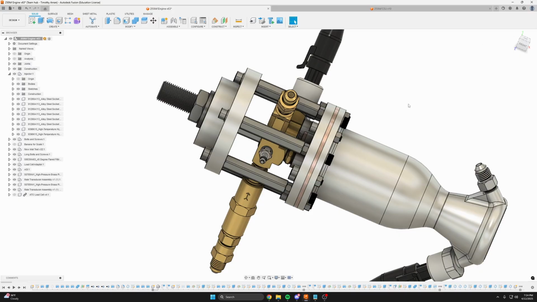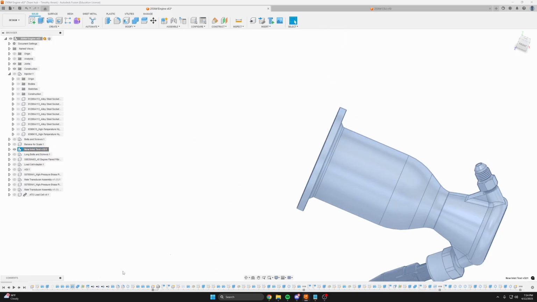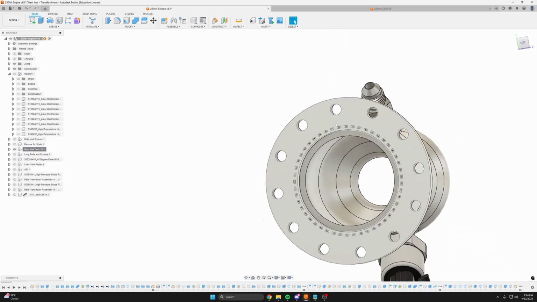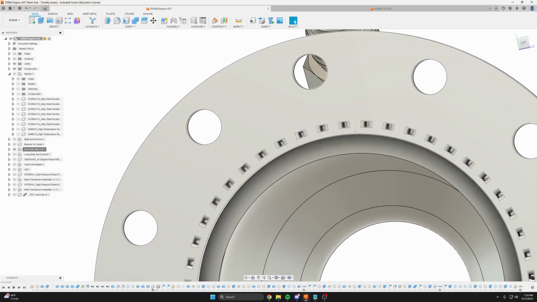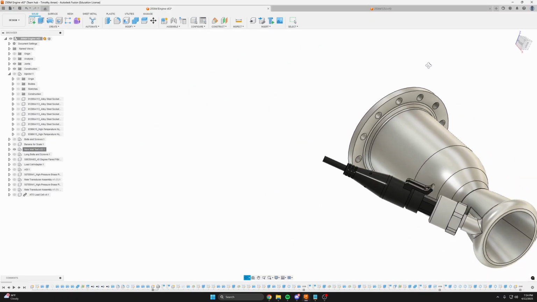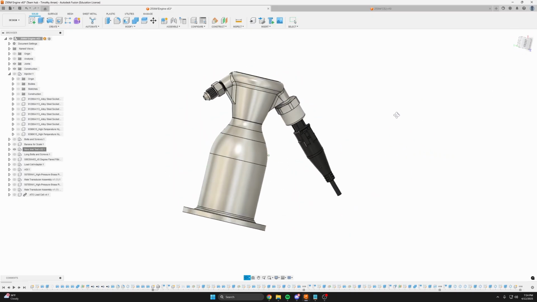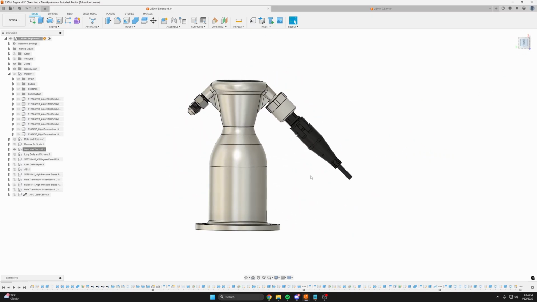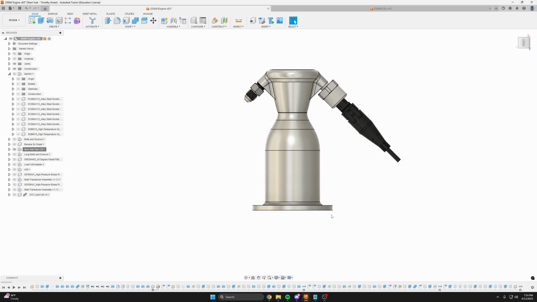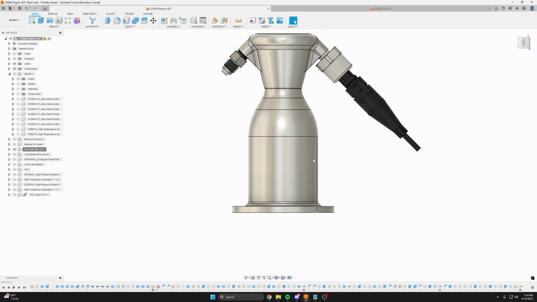I will say, for small engines, one problem we did run into with metal additive was that our cooling channels were so small that powder from the powder bed fusion process got trapped. This was printed flange side down, and when they cut it off, some of the powder was still trapped in these channels.